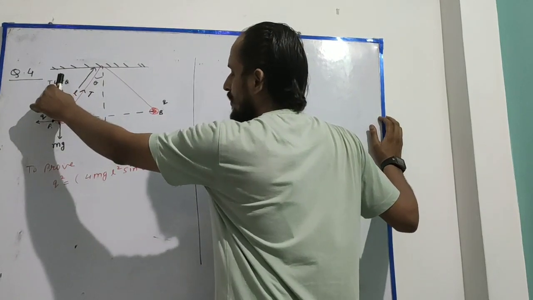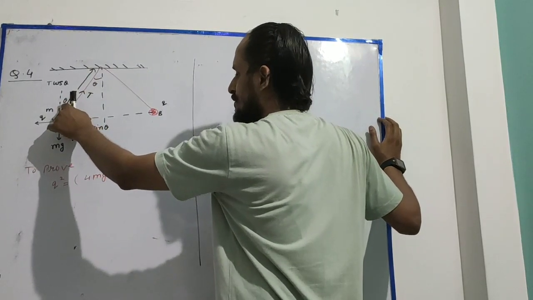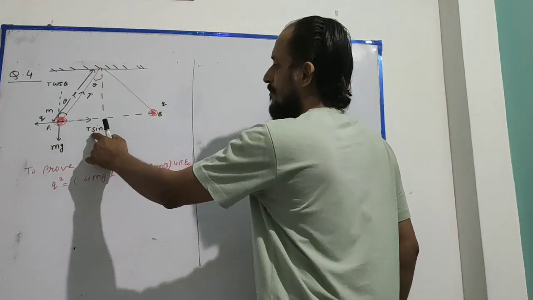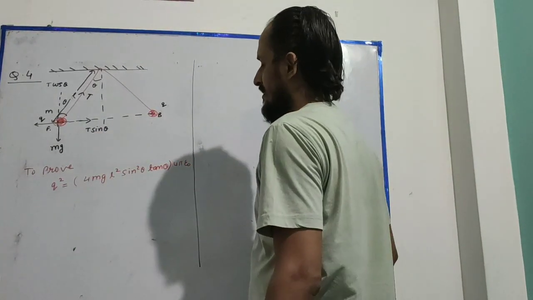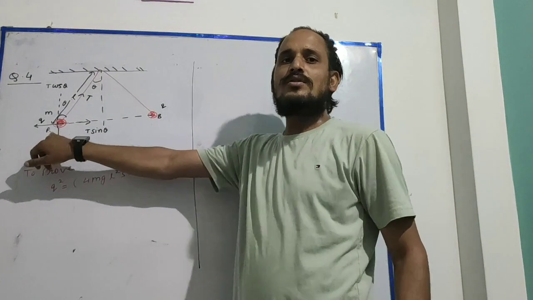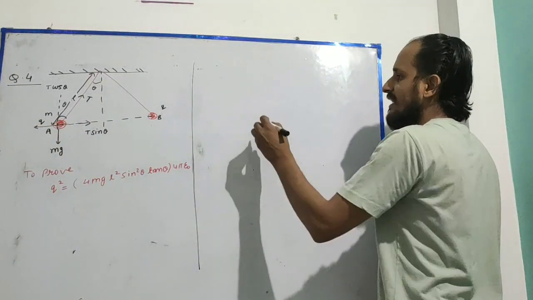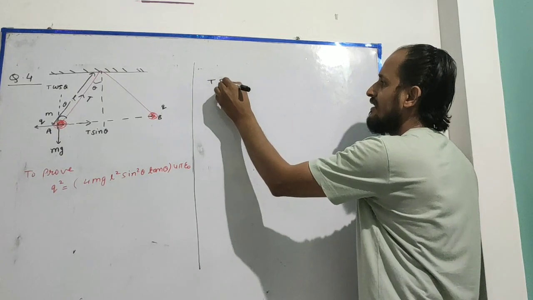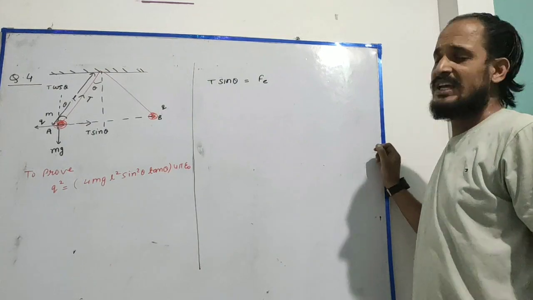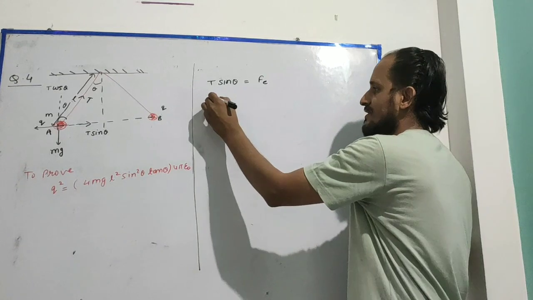One component is T cos theta, because if this angle is theta, this would also be theta. They are alternate interior angles. And the other component of T is T sin theta. Now this T sin theta balances the electrostatic force acting between these two charges. So what first relation can we write down? We can write that T sin theta is equal to Fe, where Fe is the electrostatic force acting between these two charges.